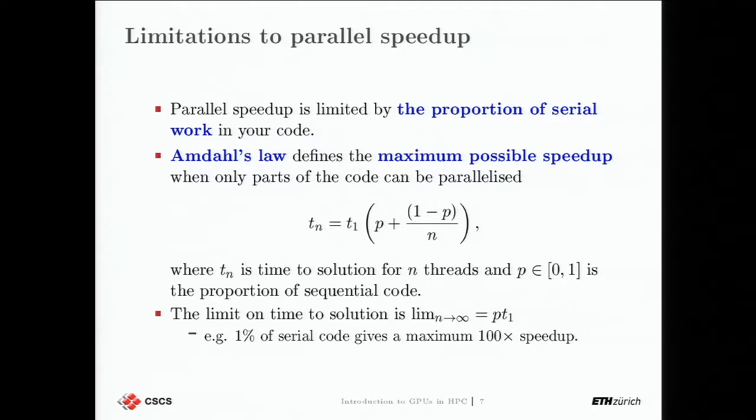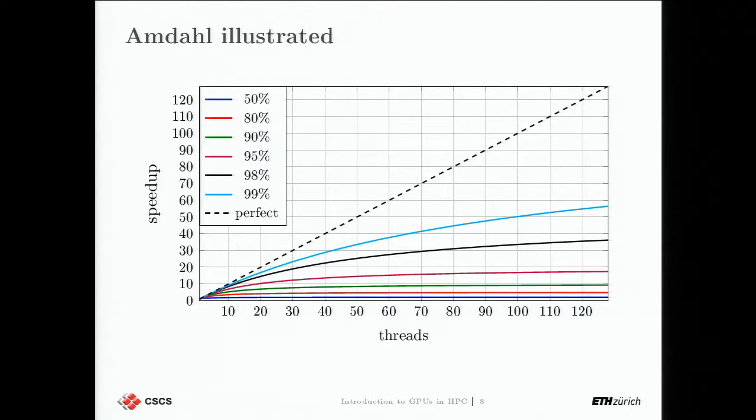And this has a surprising effect, because you might think, only 0.2% of my application is serial, therefore I'm golden. I'm going to get lots of parallel scaling out of that. But this is a plot of the best possible speed up you could expect to get, and each one of these lines is how much of the application is running in parallel.